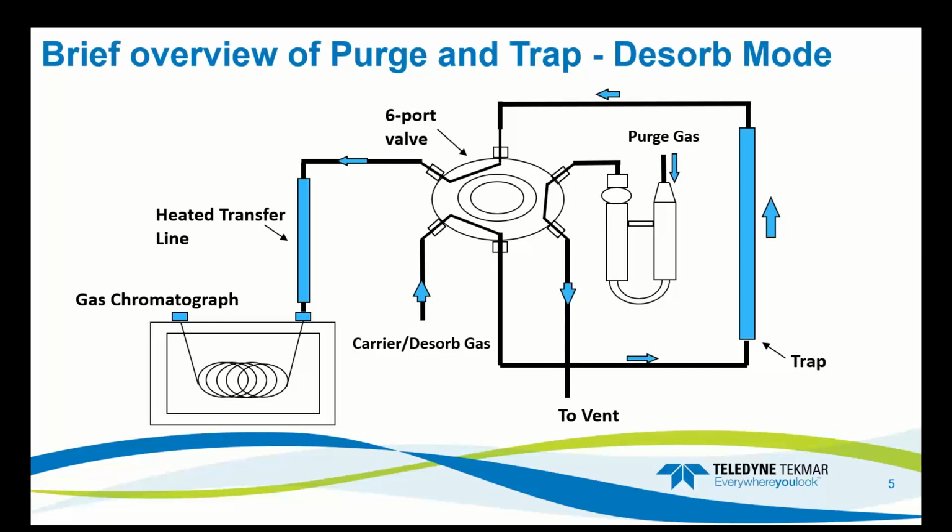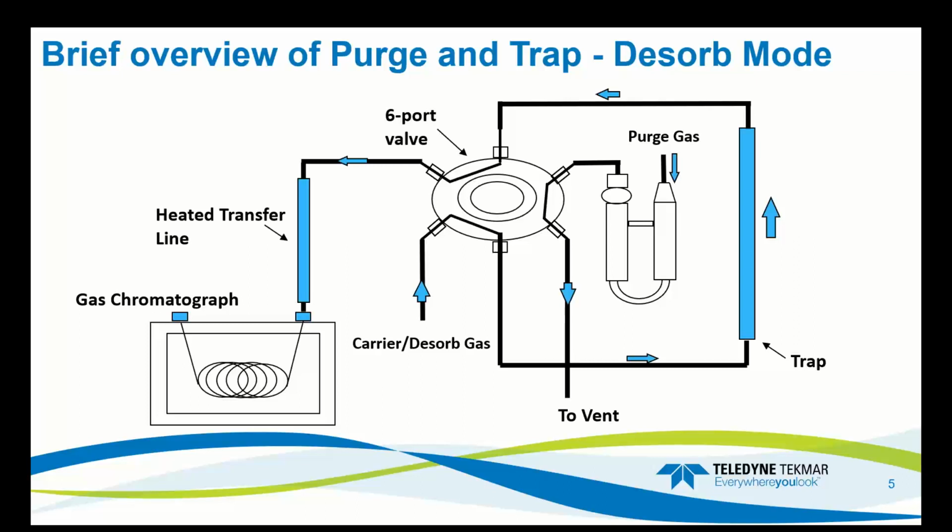By backflushing carrier gas through the analytical trap, the 6-port valve directs the VOCs to the GC for separation and detection. The analytical trap is used to capture and release VOCs swept out of the sample by the purge gas.